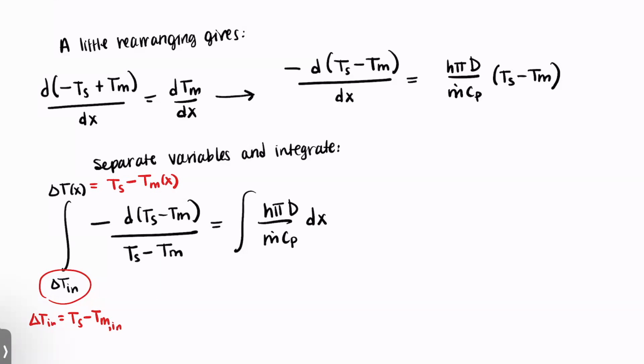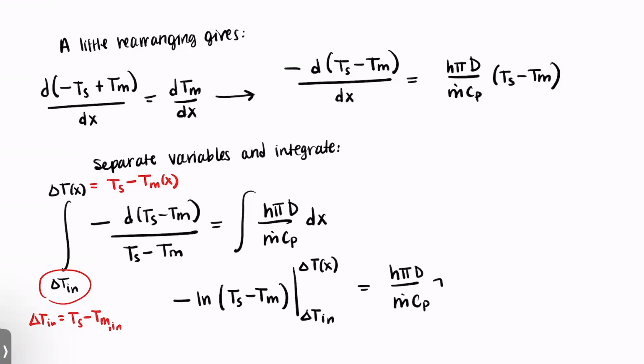When I do this integration, I get minus natural log of (Ts minus Tm) evaluated from delta T in to delta T of x equals h pi D over m dot cp times x.